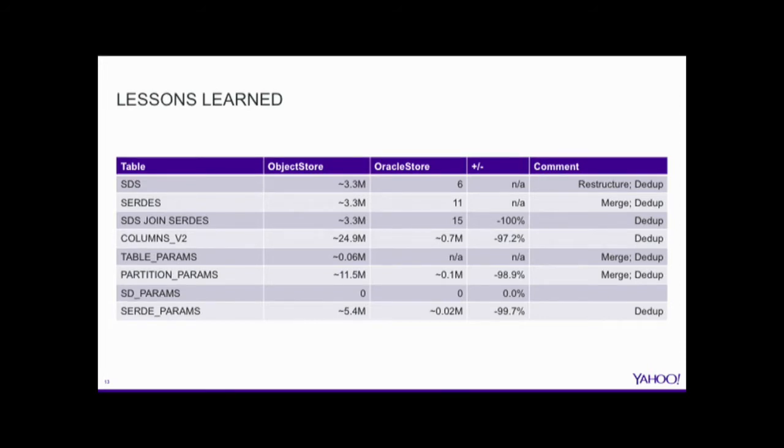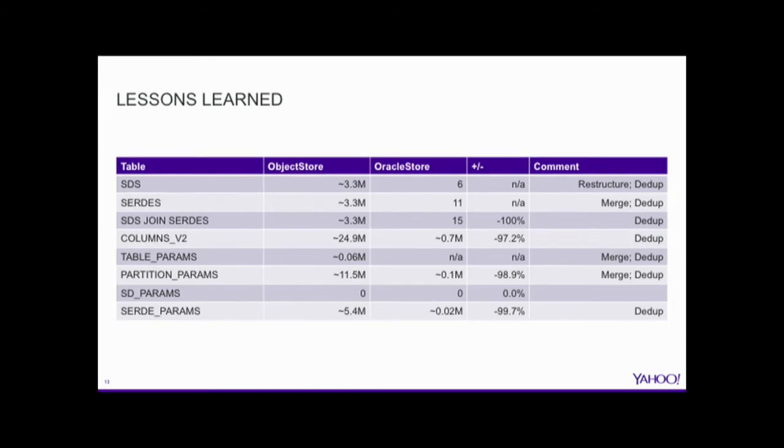This table shows some of our findings. Let's focus on the first 3 rows of this table. For this analysis, we used a schema that we pulled from one of our medium-sized metastores, which contained 3.3 million partitions and just slightly over 12,000 tables. Looking at the first 3 rows, we see some information about SDS and SERDES.